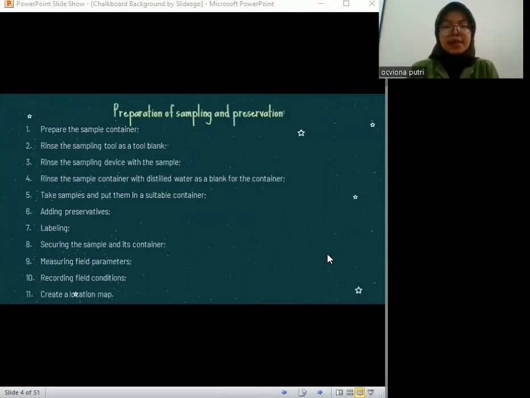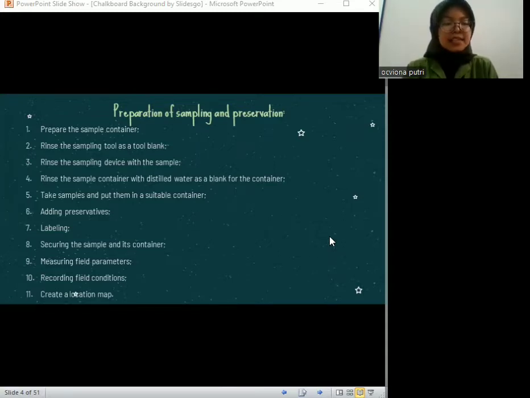Preparation of sampling and preservation. The steps of preparing the sample and the procedure: the first is to prepare the sample container, and next rinse the sampling tool as a blank, with sea water, river water, and so on. Next rinse the sampling device with the sample, and then rinse the sample container with distilled water as a blank for the container.